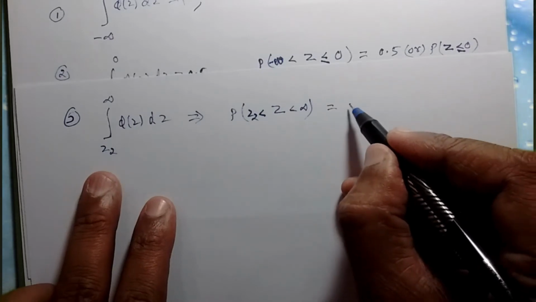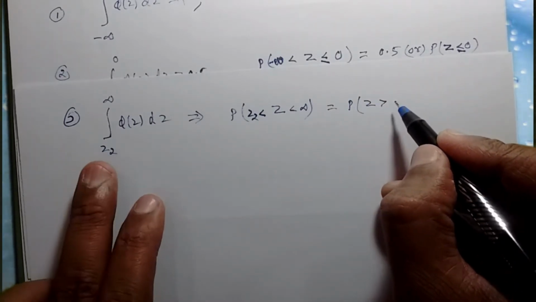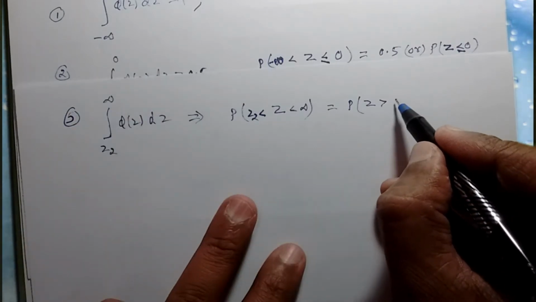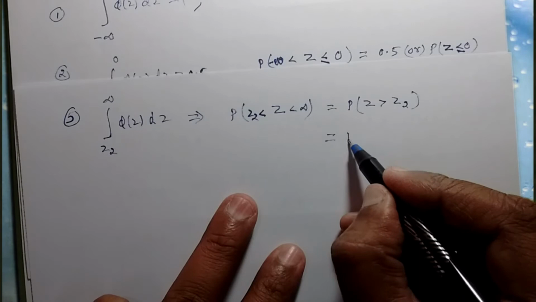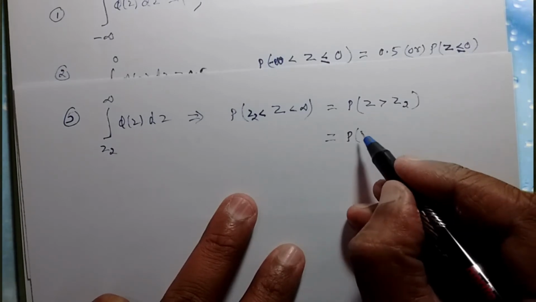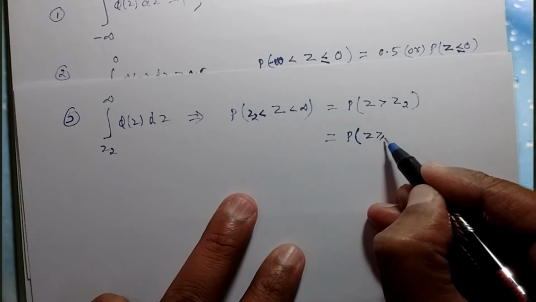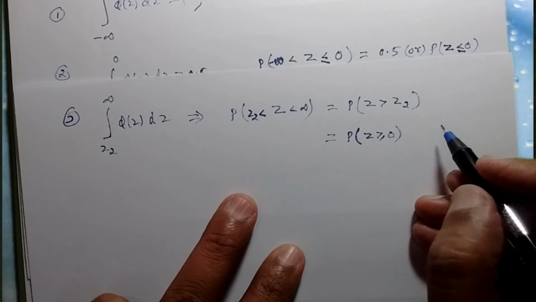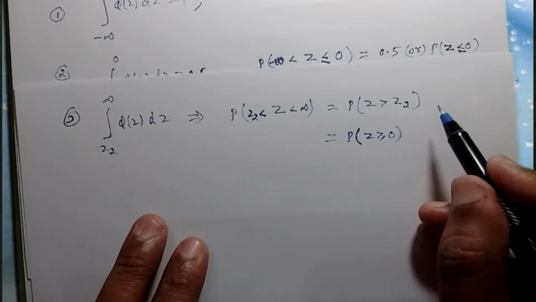It is nothing but the probability when the value of z is greater than z2. Z2 to infinity means the value of z is greater than z2. Definitely the value of z is greater than or equal to 0, so I am taking from 0 to z2.